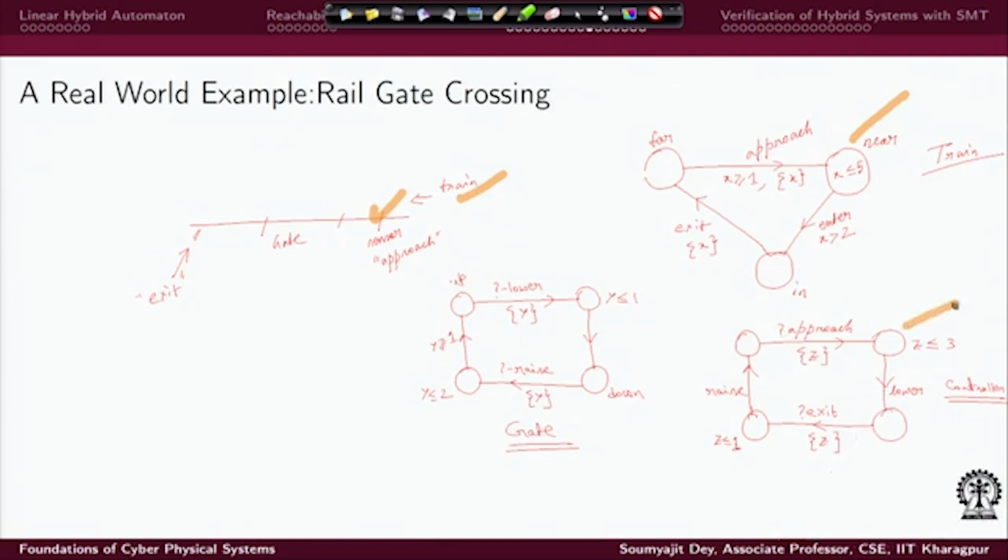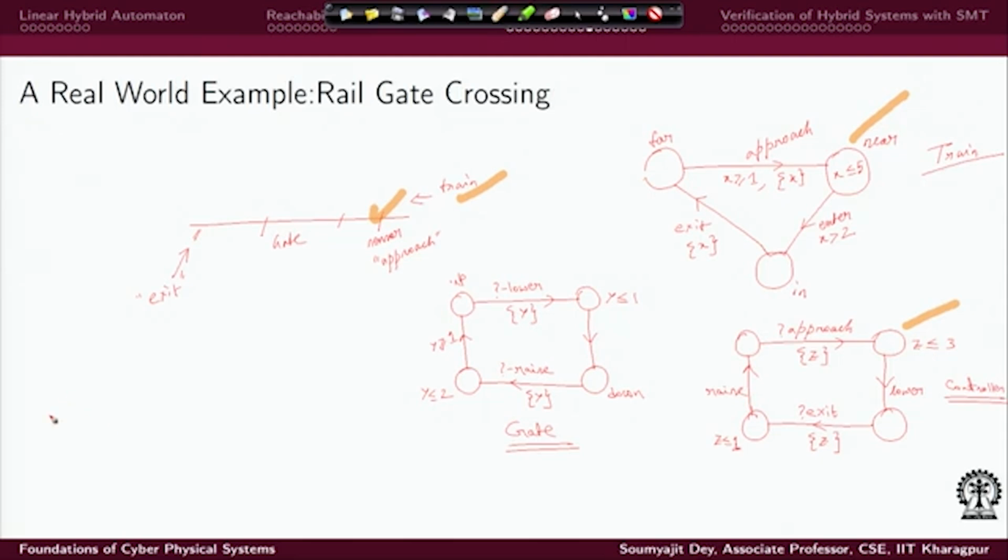Now, you can see that when the train has changed to this state, it has set up a counter, right. So, x is being reset and you can only be in this near state up to x less than or equal to 5, and the controller can also be only in this state up to z, its own local clock, less than or equal to 3, right.